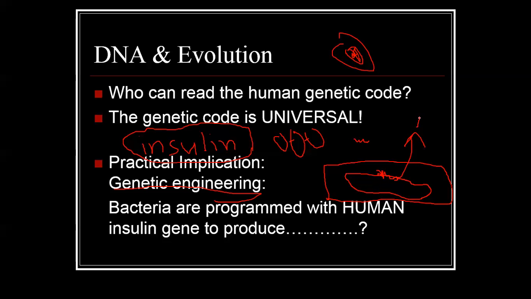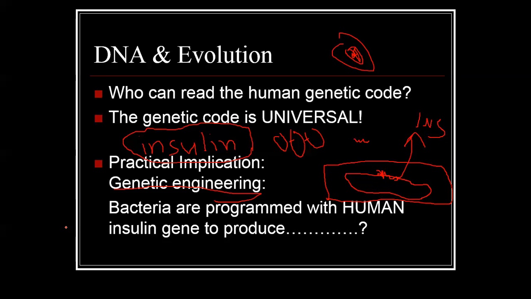It makes human insulin. And so we have basically taken test tubes of bacteria and turned them into chemical factories. This is like original bioengineering. We turn bacteria into little factories to make the human hormone insulin.